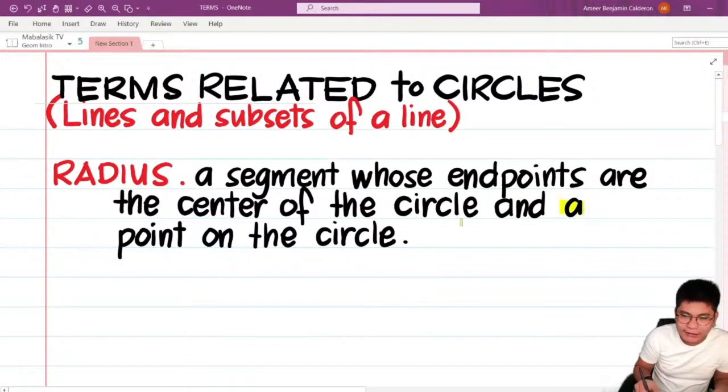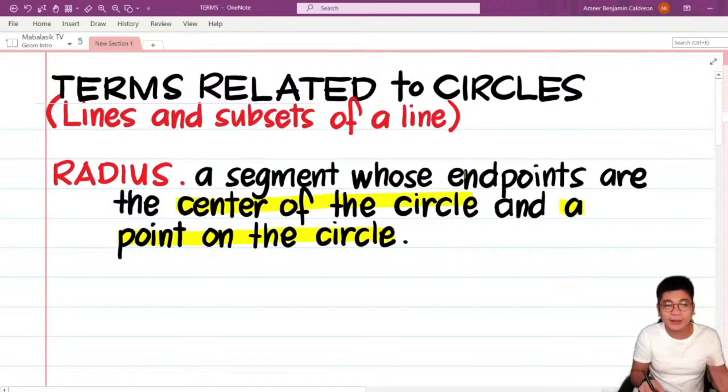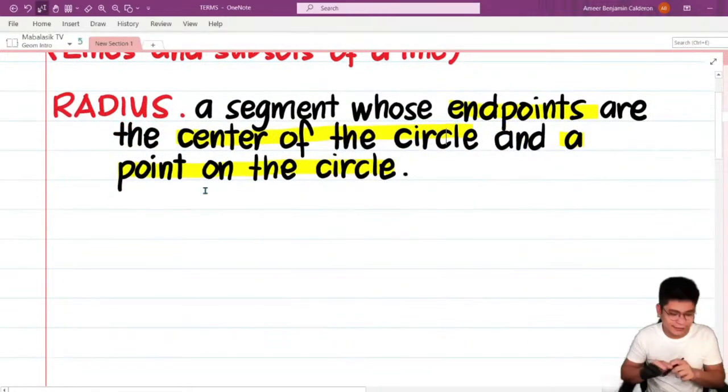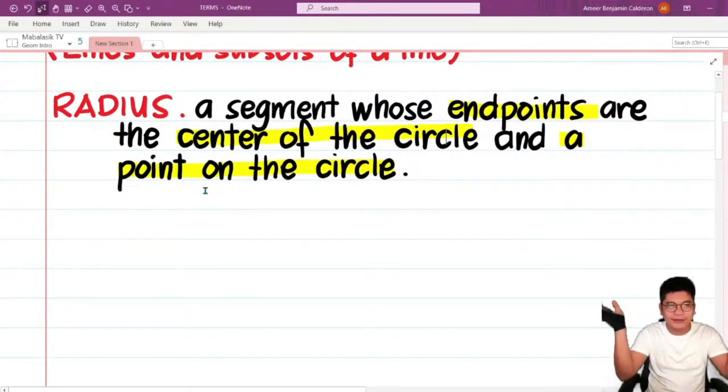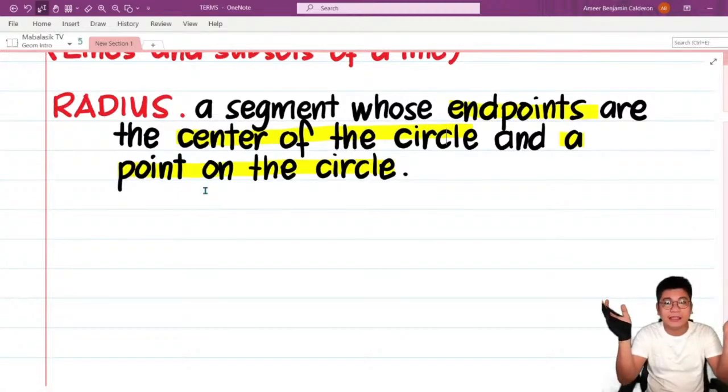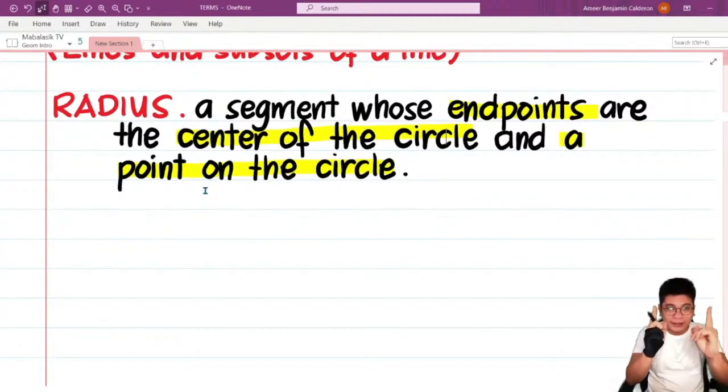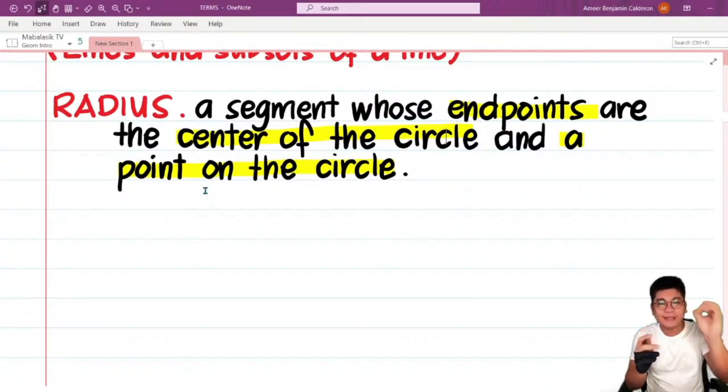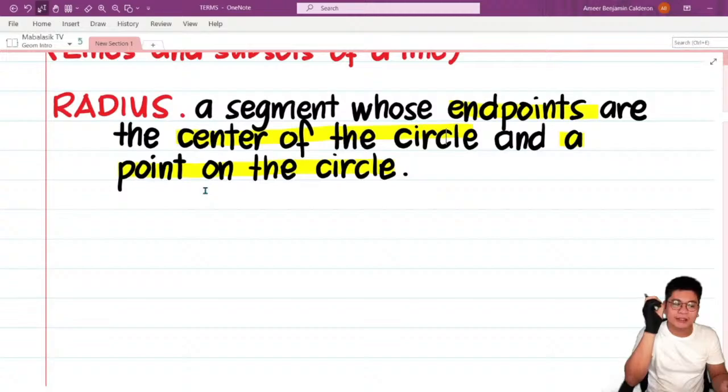A point on the circle. Tsaka the center of the circle. Ano daw tong mga to? End points ng radius. So, radius is a segment. It is not a line. So, therefore, it does not extend infinitely in opposite directions. Limited lang dun sa endpoints na yon. Yung isang endpoint, center. Yung isang endpoint, a point on the circle.